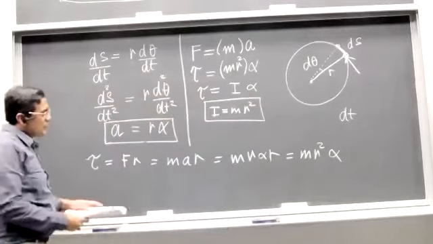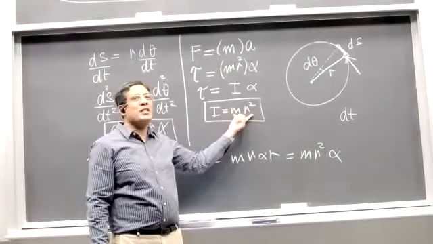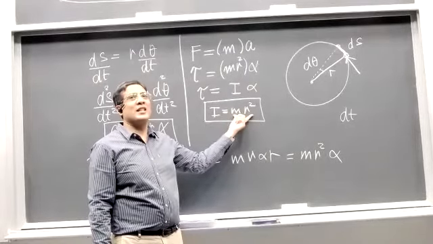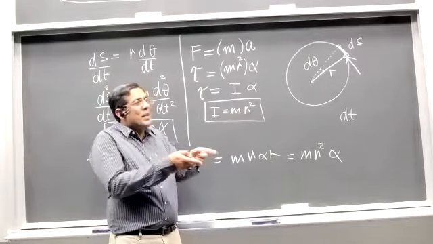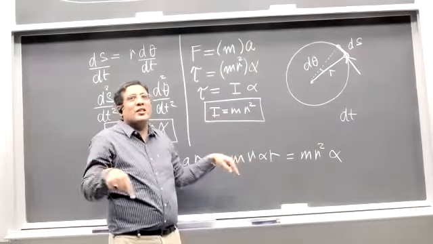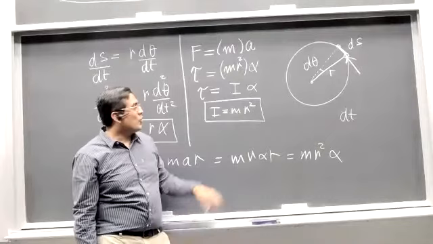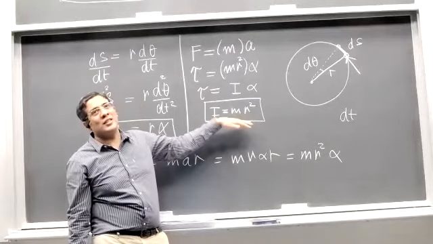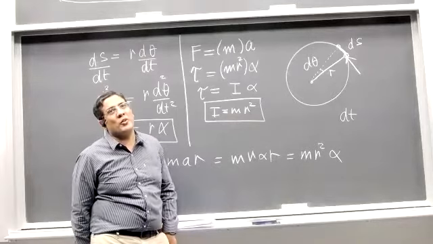And if you carefully look, this has two pieces of information in it: the mass, and how the mass of an object is distributed throughout the body of that object. So it takes into account the mass distribution and the shape of the object.